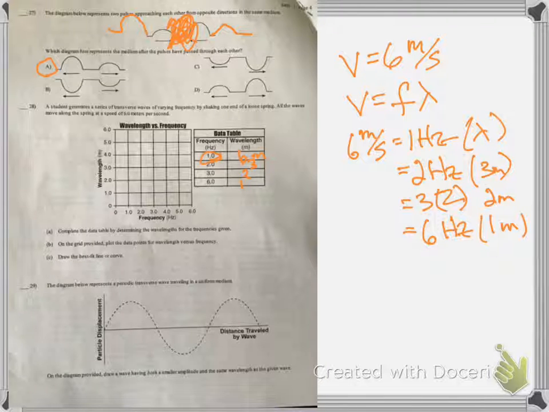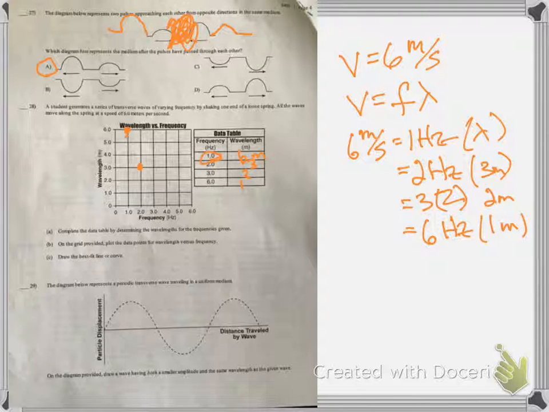And then on the grid provided, I'll graph it. So when the frequency is 1, the wavelength is 6. Whoops, does not like that. Maybe I'll just make this bigger. When the wave frequency is 2, the wavelength is 3.